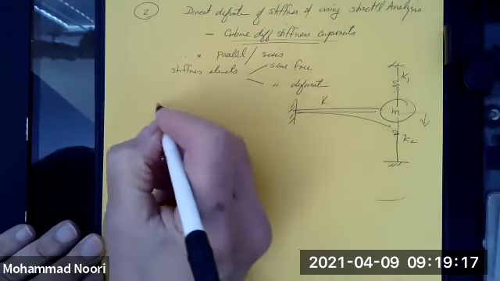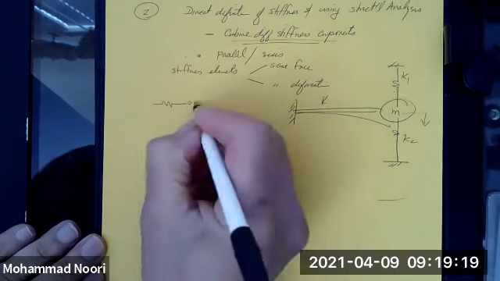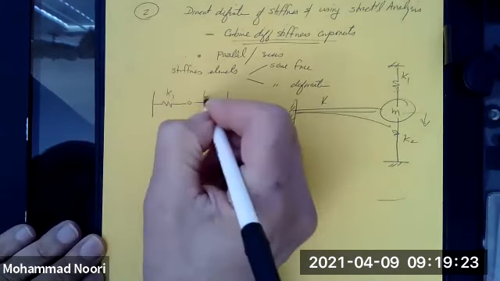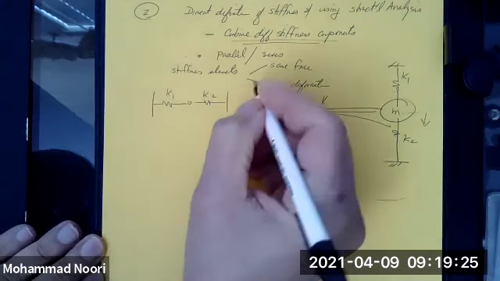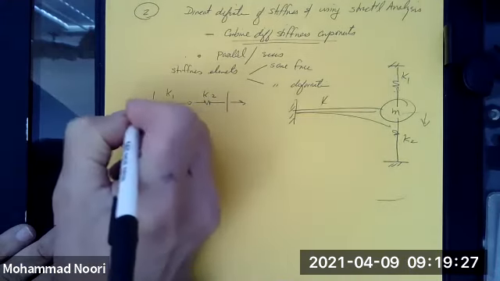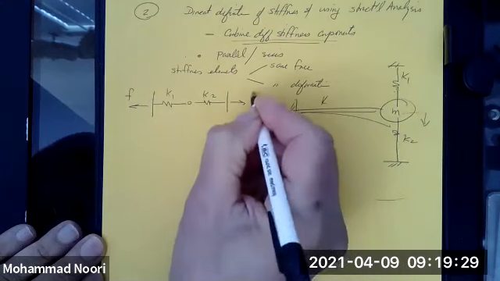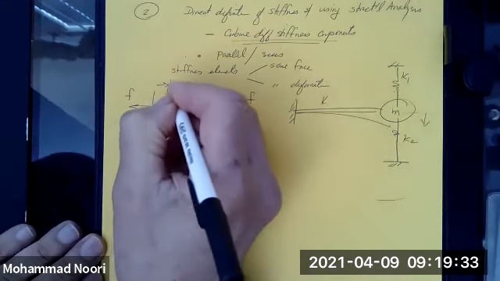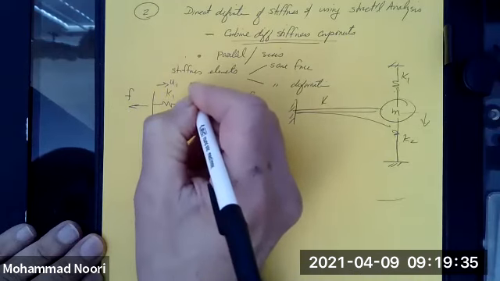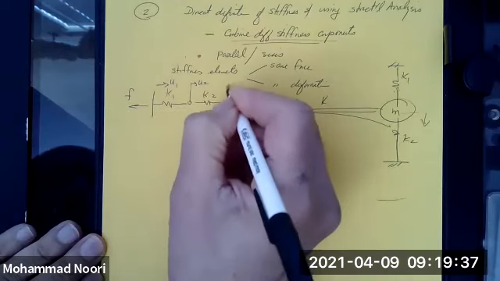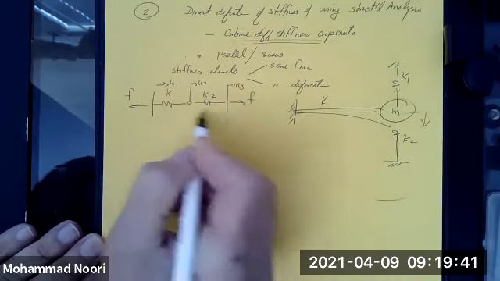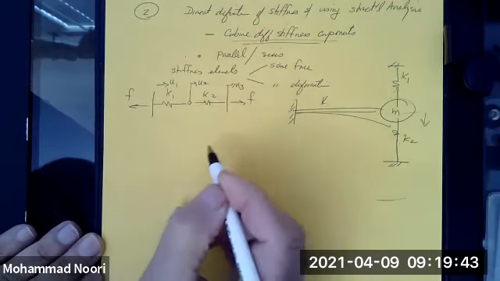But what I said last time, let's start with two springs, K1 and K2, and say both of these are subjected to the same force. Obviously they are subject to the same force, but because the stiffnesses are different, they're not going to experience the same deformation.